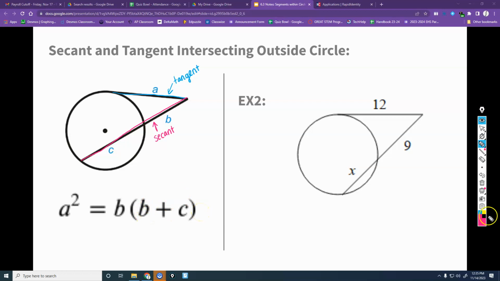Now the way I think about this b times b plus c is that this b right here, this is your outside. So b is that part of the segment that is outside of the circle. And then b plus c, this part right here, that is the whole line. That is this whole thing.